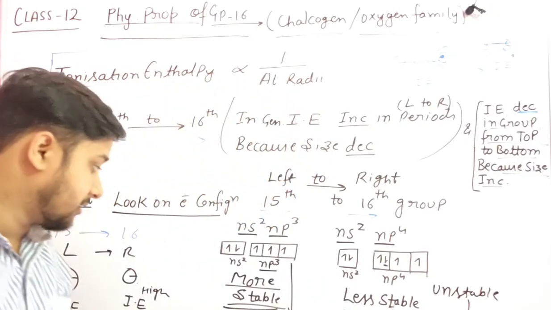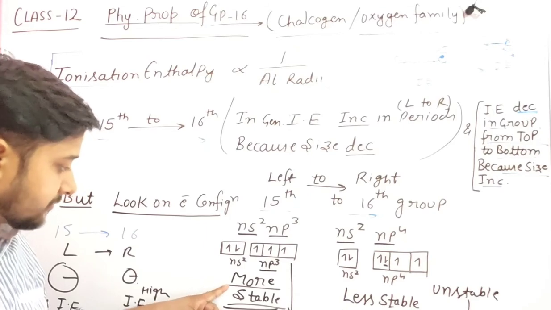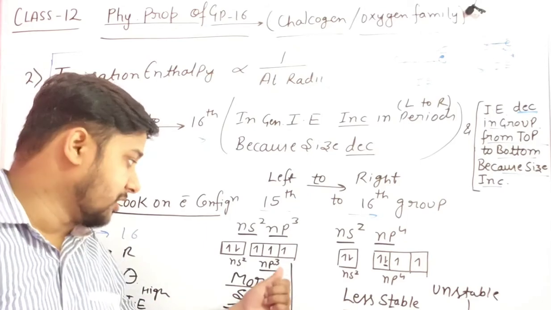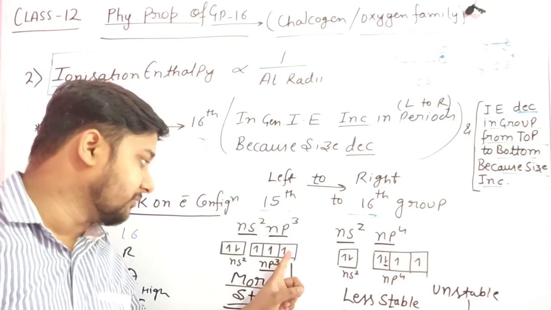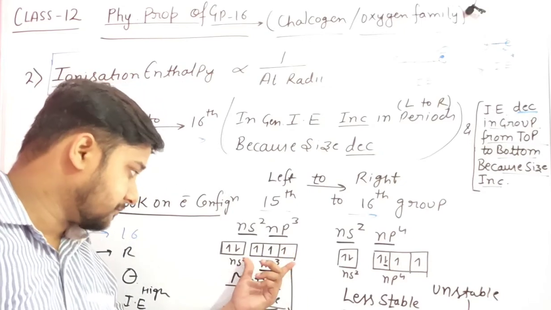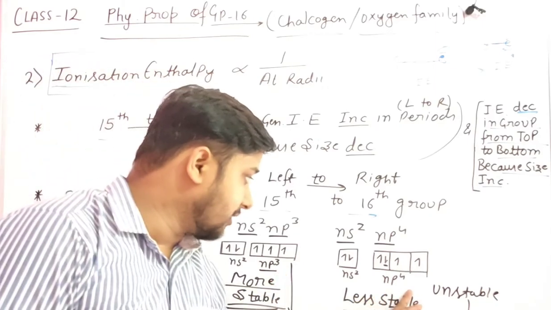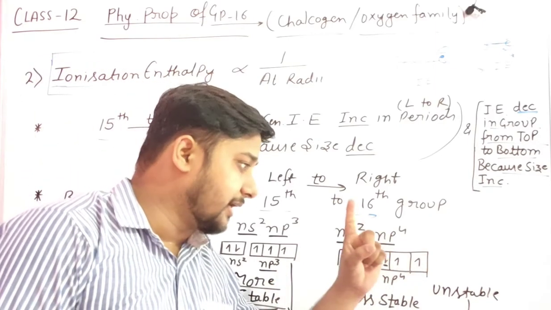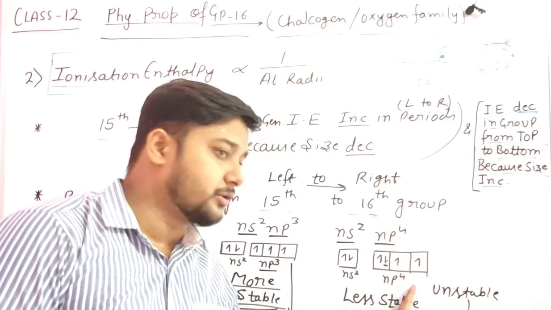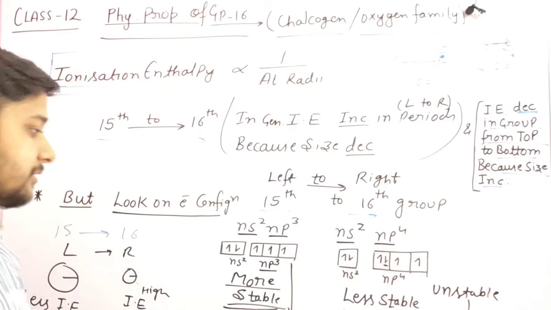Clear? It requires a lot of energy to convert from more stable to unstable, because when we remove one electron from np3, this half filled will convert into np2. But in the case of np4, when we remove one electron, it will convert into the half filled, which is a very stable condition.